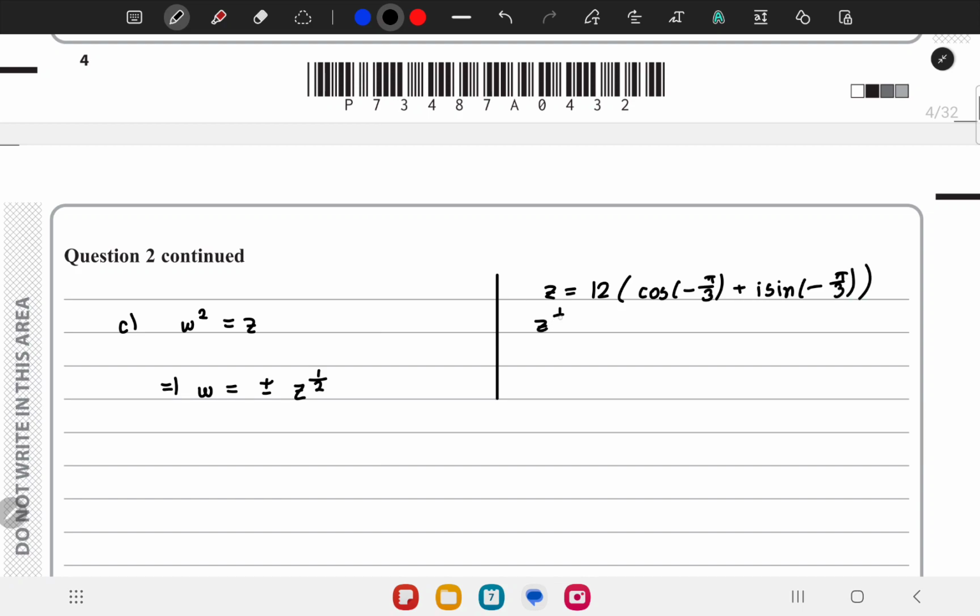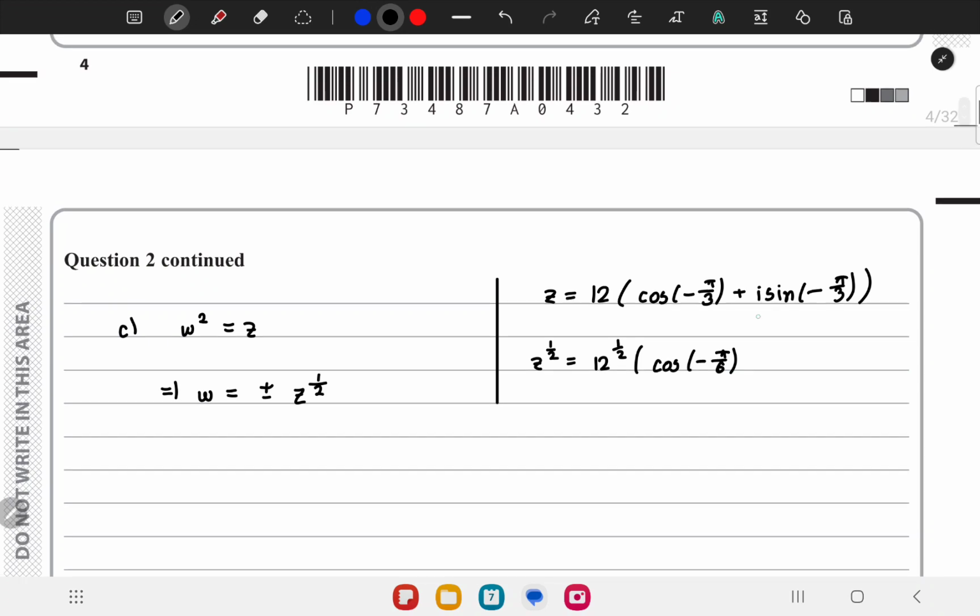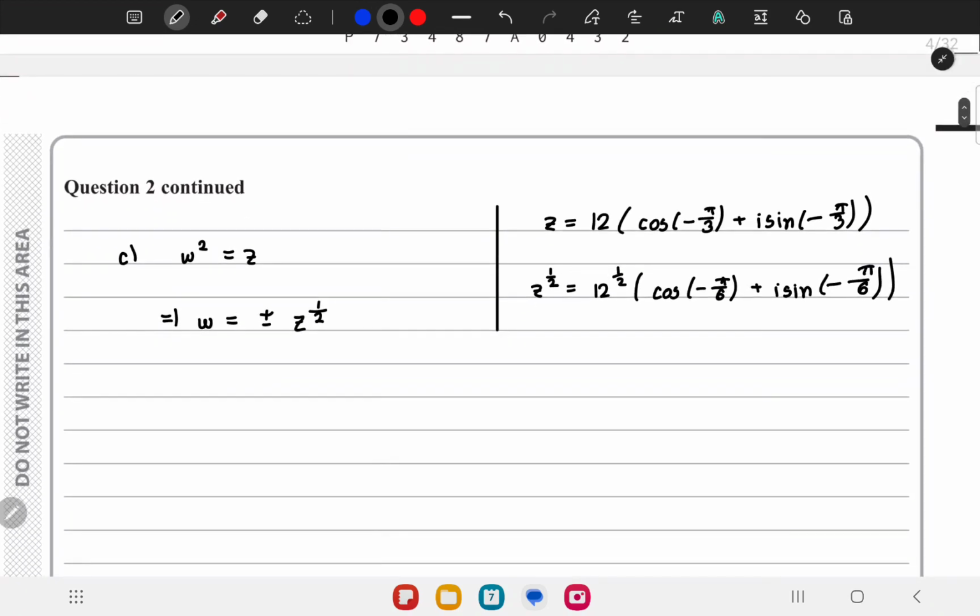So z to the power half will be 12 to the power half times cos minus pi by 6 plus i sine minus pi by 6, multiplying the angles with half.